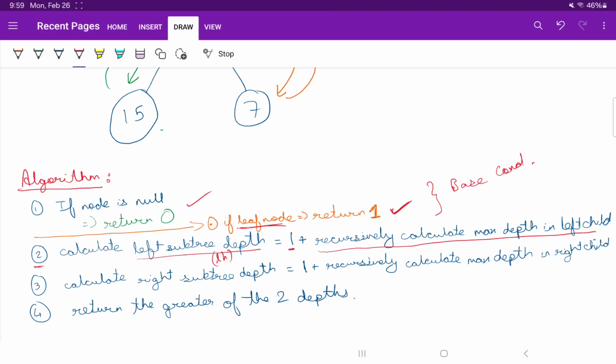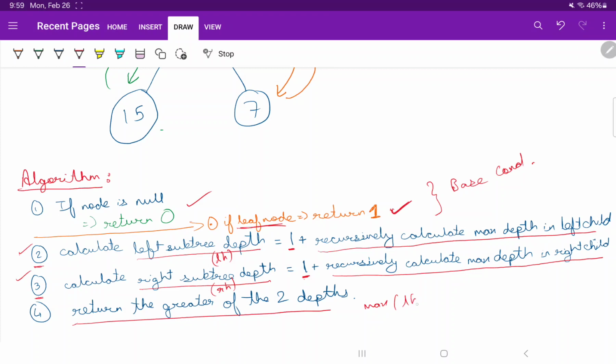Once this function is finished evaluating, we then check the right subtree depth, which I denoted above as RH. 1 for the current depth, and then we recursively calculate the maximum depth in the right child. Once we have LH and RH calculated, then from the current node we return the greater of the two depths, that is max of LH and RH. So this is essentially the algorithm that is used to solve this question.